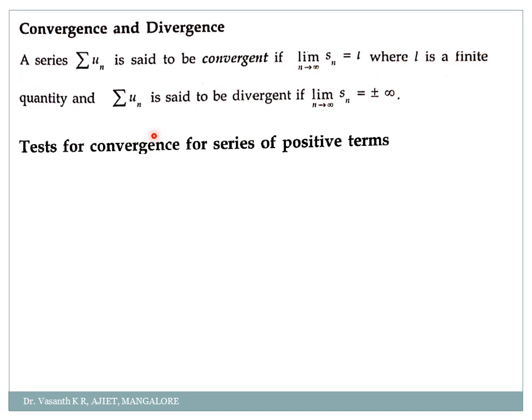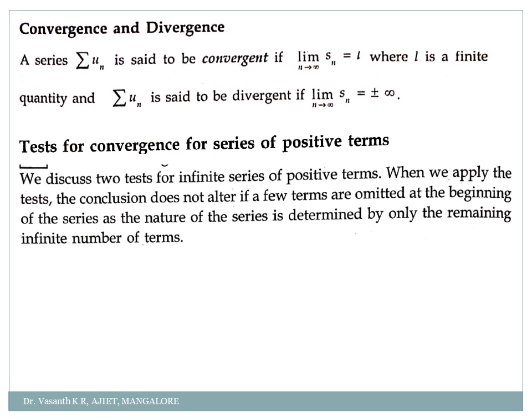Next, how to test whether the given series is convergent or divergent? For this we have to discuss two types of infinite series for the positive terms. When we apply the test, the conclusion does not alter if a few terms are omitted at the beginning of the series, as the nature of the series is determined only by the remaining infinite number of terms.